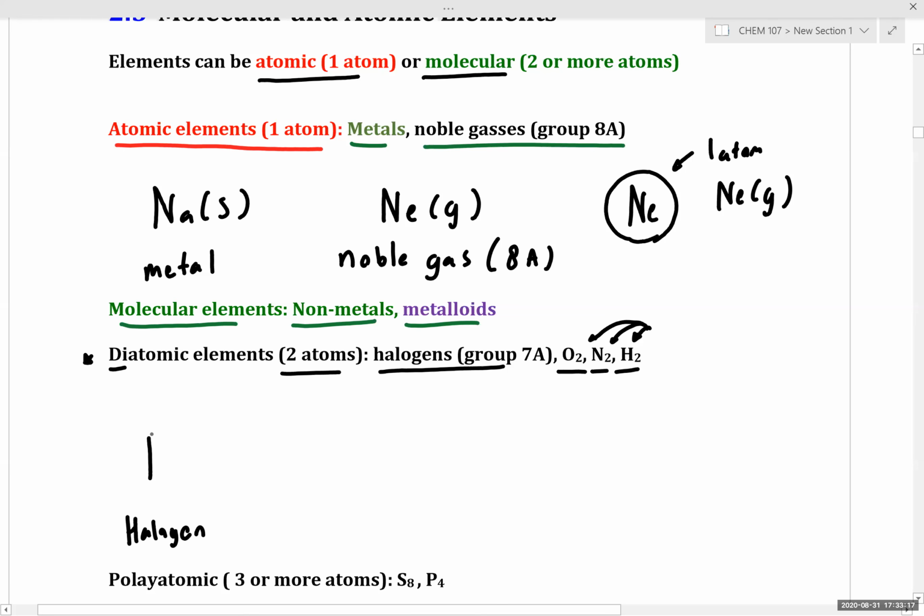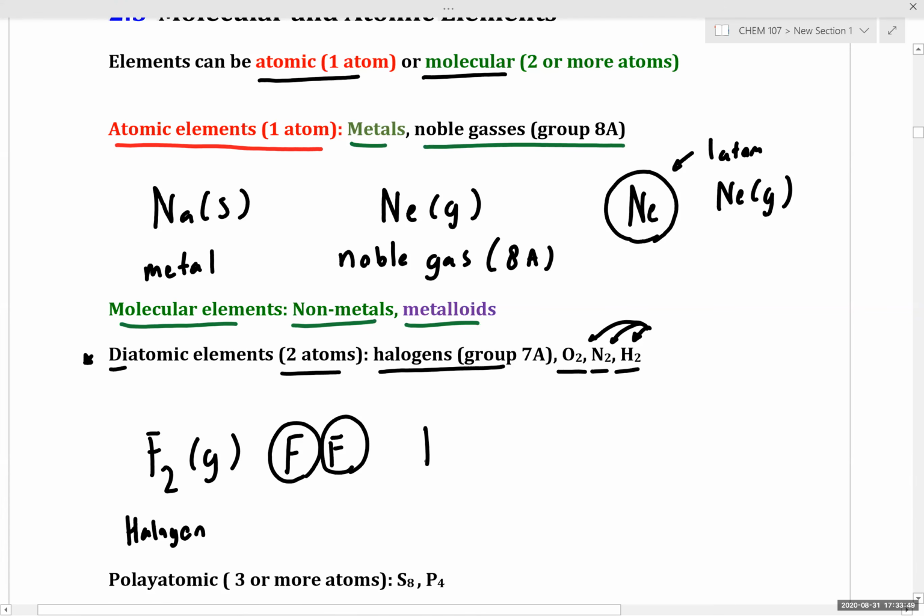Fluorine, sure. So because fluorine is a diatomic element, rather than being written as F gas, to reflect the fact there are 2 atoms as part of the chemical formula, we write the formula of fluorine as F2. This is saying in fluorine's formula, we have 2 atoms of fluorine.